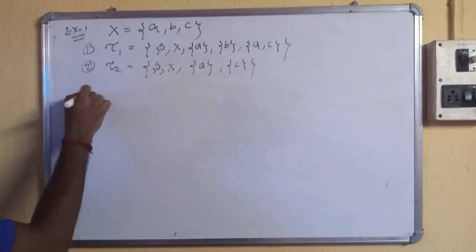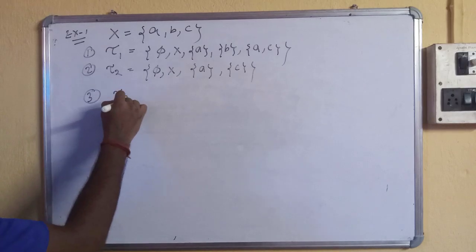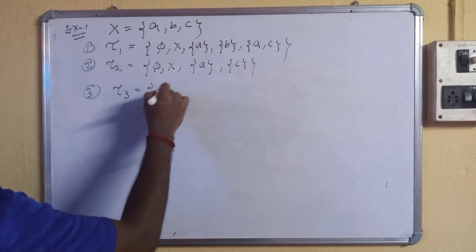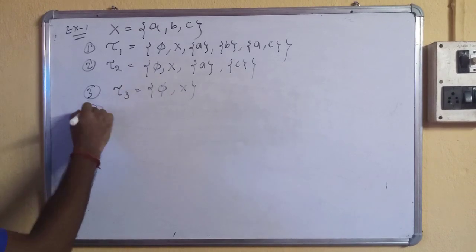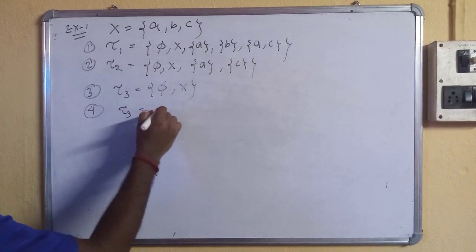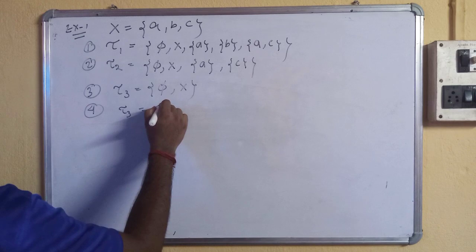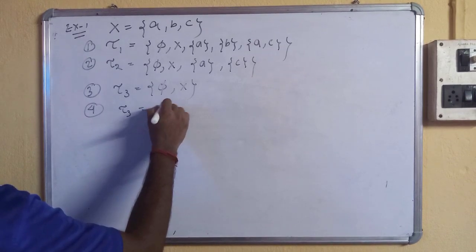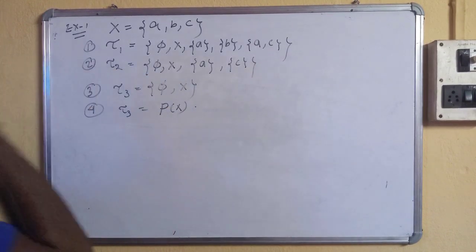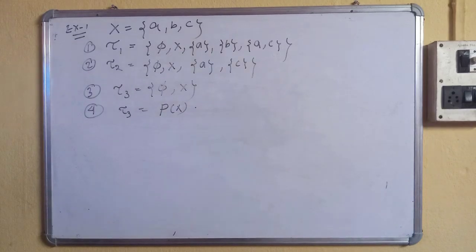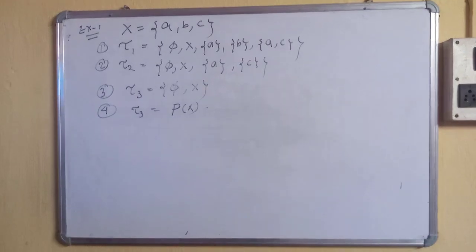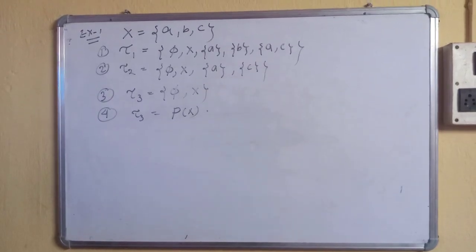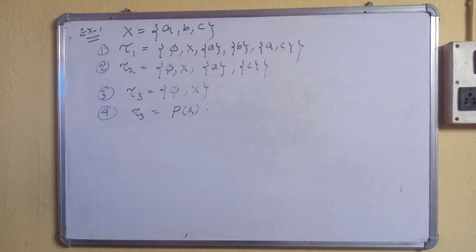Number 3, tau 3 is given as only phi and X. Number 4, tau 4, I set it as P(X). Now we have to find which one is a topology and which is not.